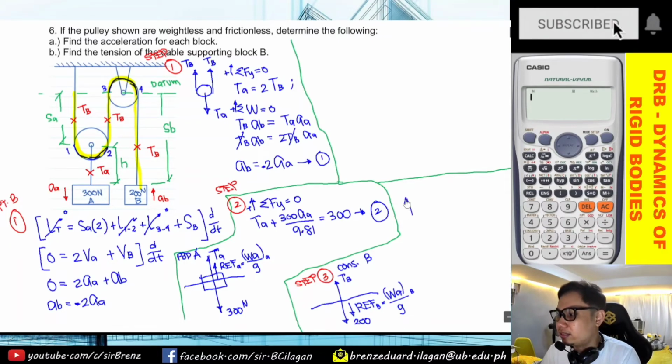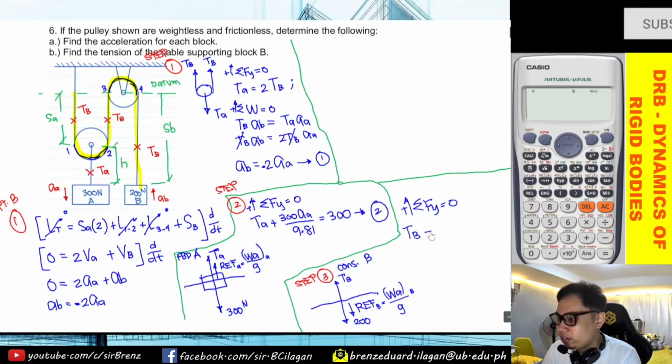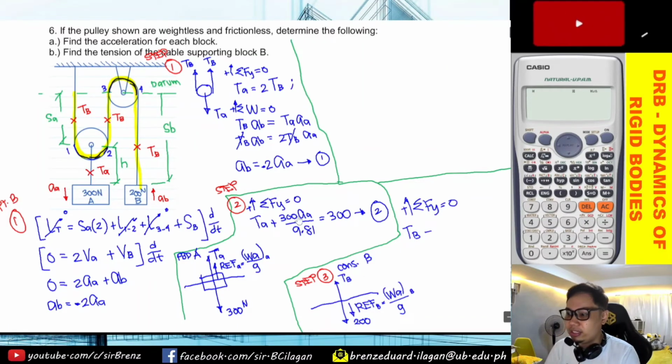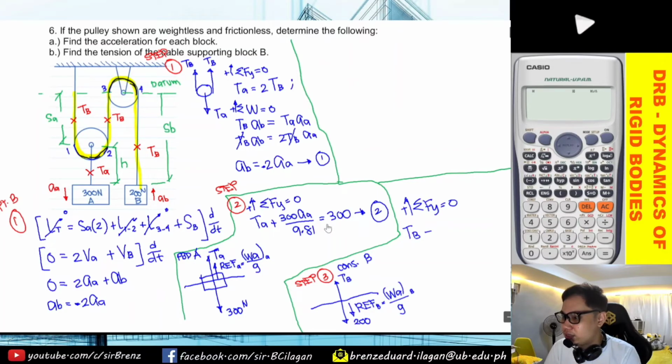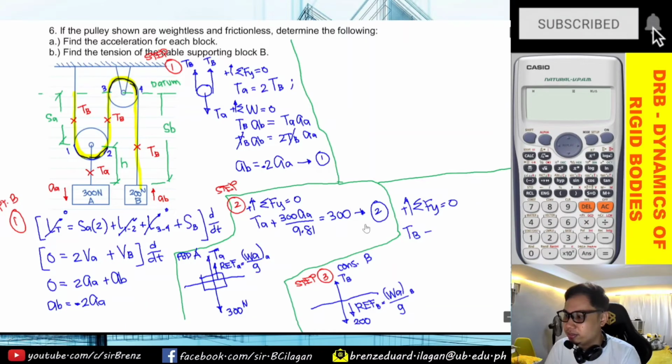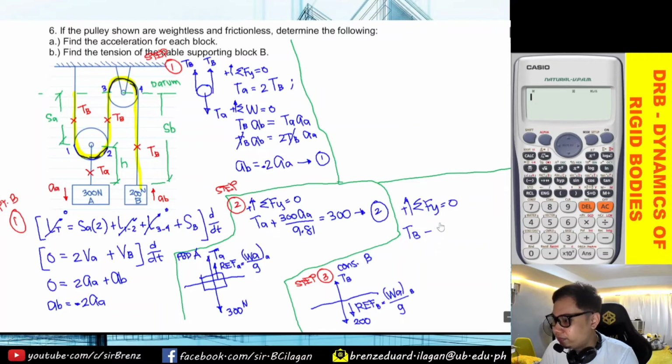Alright, pasok si statics. Summation of forces in Y equals 0, assuming upward direction again is positive. So, T sub B, minus, kasi pababa yung reverse effective force. Ang gagawin ko, dito na lang din siya sa side na to. Three equations, 3 unknowns ito.